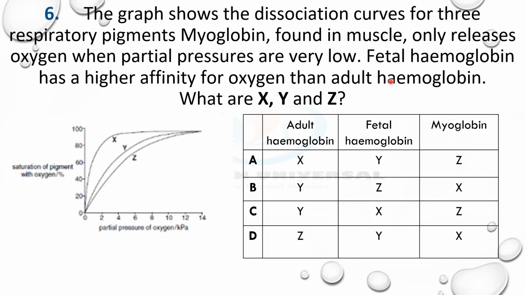They already told us that fetal hemoglobin has higher affinity for oxygen than adult hemoglobin, because it's more saturated with oxygen than adult at a particular partial pressure. So fetal hemoglobin should be Y. What do you think the answer is? Of course, it is D. Let's go to the next question.